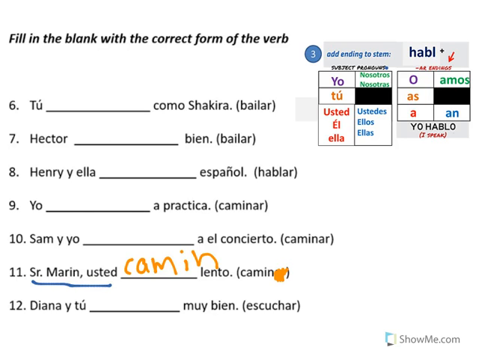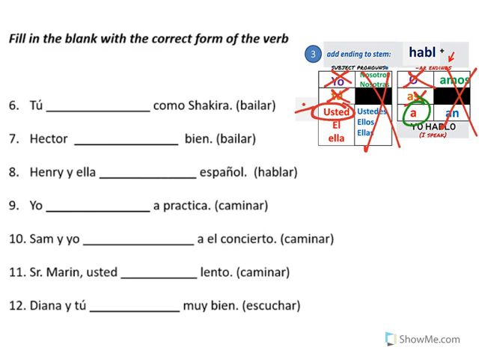Señor Marín, that's one person. It doesn't say yo. Can't use it. Does not say tú. Therefore, that's not the answer. Usted, right there. Ending a. Usted camina. You walk. Conjugating. Not fun. But if we don't do it right, whatever we say will just sound very funny.